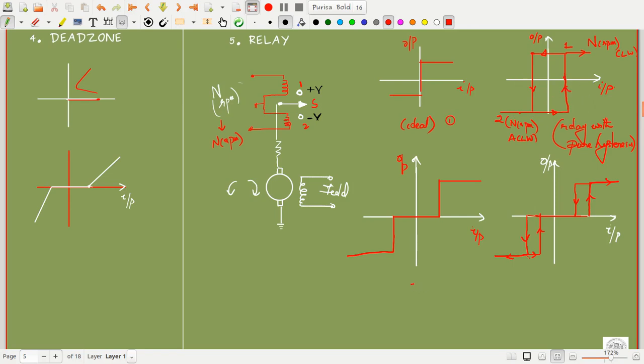Graph 3 is a relay with dead zone alone. There is a dead zone only for the system. And graph 4 is a relay showing a dead zone as well as hysteresis. So depending upon the complexity of the system, we can model the circuit and study it to see which kind of nonlinearity we have to choose for this kind of relay.